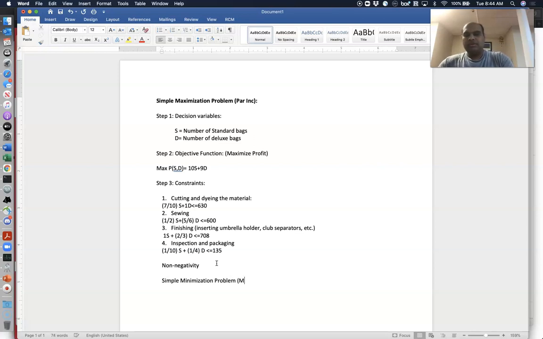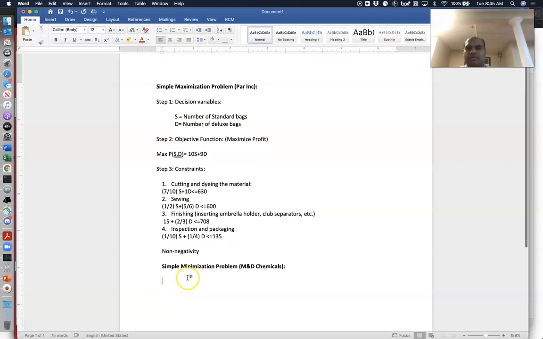This is M&D Chemicals. All right, so again, we'll go through the same 3 steps. Step 1 is the decision variables.